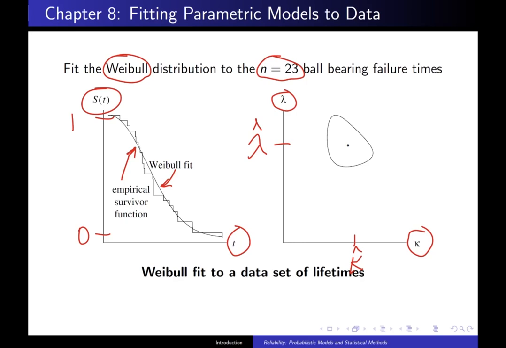And then the guitar pick shaped region that's around it is known as a confidence region. A confidence region is the two-dimensional analog of a confidence interval, and in this particular case what is plotted here is a 95% confidence region for the parameters lambda and kappa.